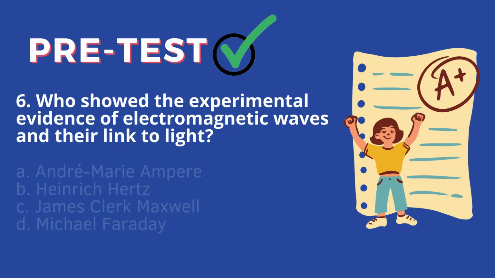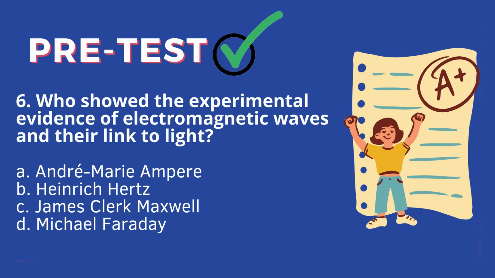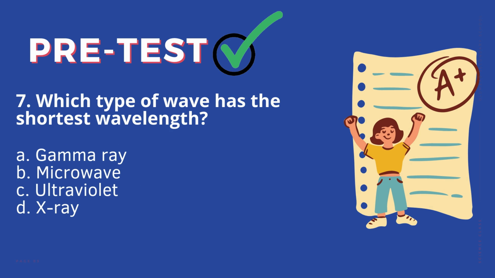6. Who showed the experimental evidence of electromagnetic waves and their link to light? A. Andre Marie Ampere. B. Heinrich Hertz. C. James Clerk Maxwell. D. Michael Faraday. 7. Which type of wave has the shortest wavelength?